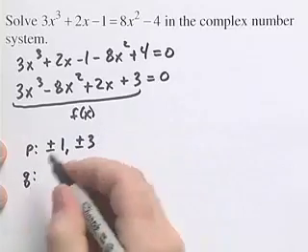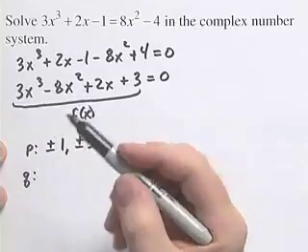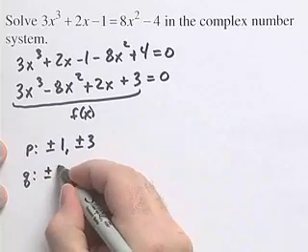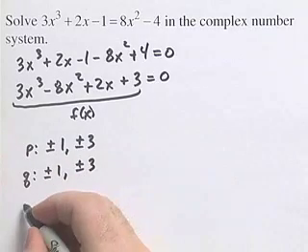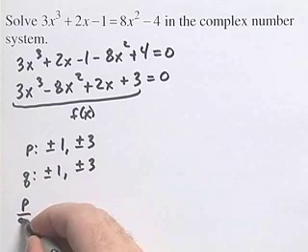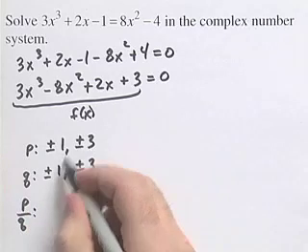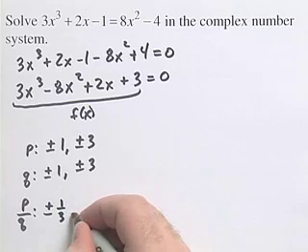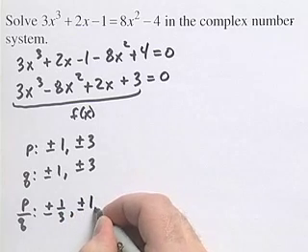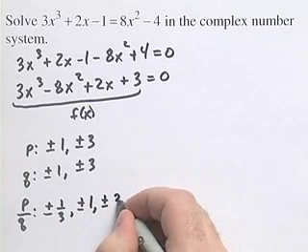We also need integer factors of the leading coefficient, which also will end up being plus or minus 1 and plus or minus 3. So our potential rational zeros, p over q, we get by taking the ratios, and we'll get plus or minus 1/3, plus or minus 1, and plus or minus 3.